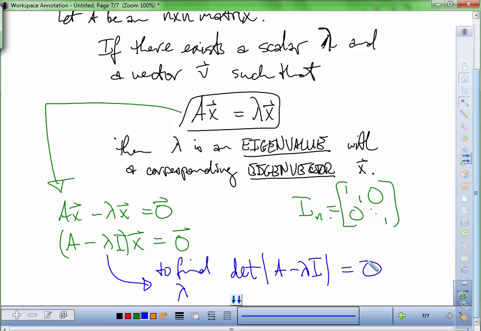And now this 0 is not the 0 vector, it's just actual 0 because it's a scalar now. And then we'll just solve for lambda. So we'll get the eigenvalue that way.